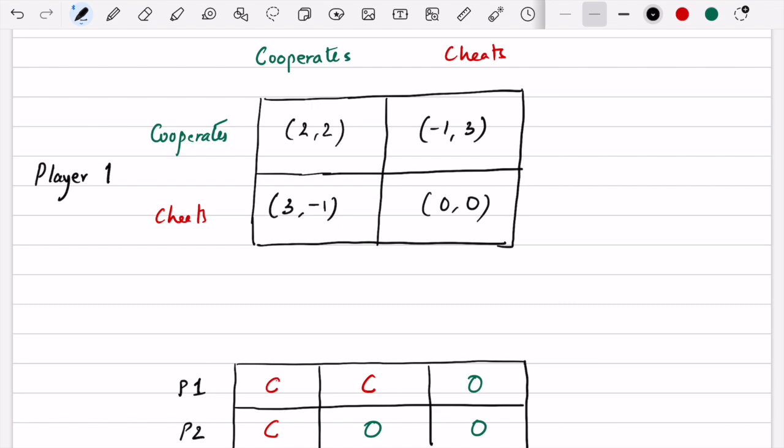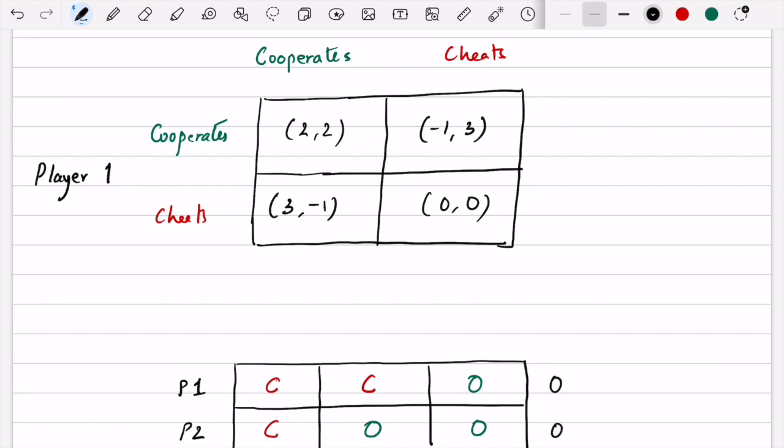Okay, let's calculate the total payoffs from this game. So in the first round, both cheat, so neither gets anything and neither loses anything. So let's write first 0, 0.